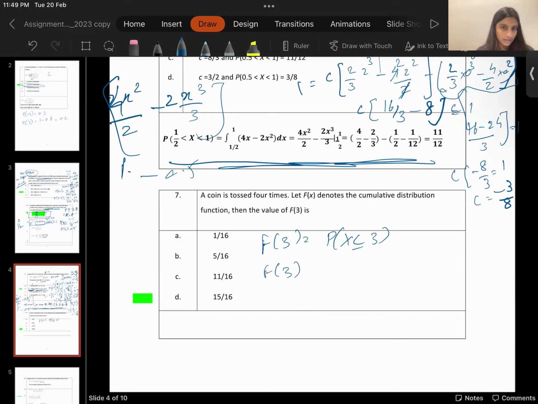So F3 can also be written as probability of x is equal to 0 plus probability of x is equal to 1 plus probability of x is equal to 2 plus probability of x is equal to 3, because it is less than or equal to 3 here.